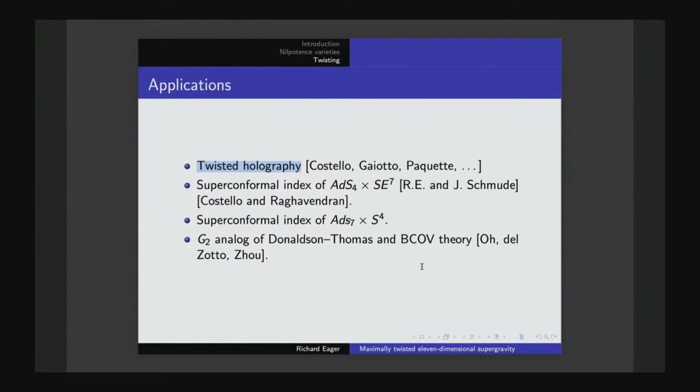But the hope is that using twisted holography, you can get a much cleaner derivation of all these Kaluza-Klein spectra and come close to giving a mathematical proof of AdS/CFT, along slightly different lines than Nathan Berkovits's proposal.